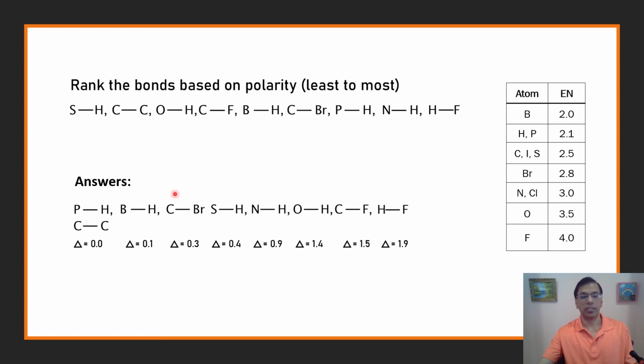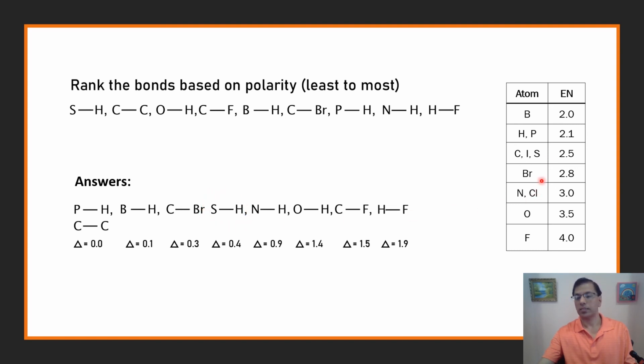Let's look at the carbon-bromine bond. Carbon has an electronegativity number of 2.5, and we have bromine right here. It has an electronegativity number of 2.8. So the difference between 2.8 and 2.5 is 0.3. And then let's move on to the next covalent bond, which is the SH bond.